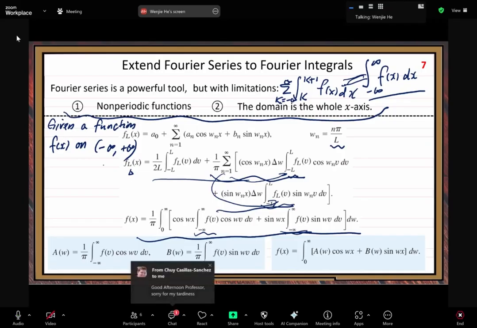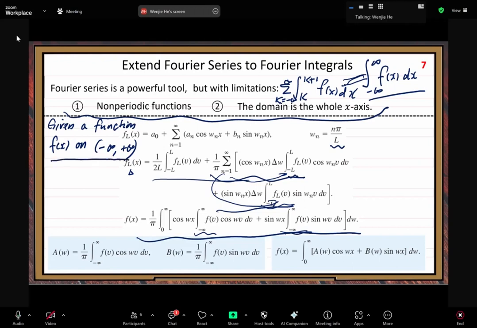At the beginning, we may not know how to represent it. We have the experience with Fourier series, so we want to start with the Fourier series.